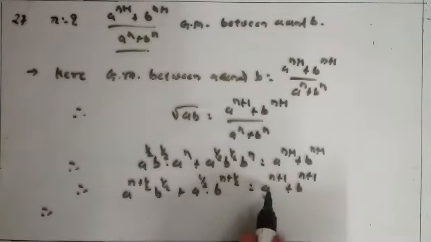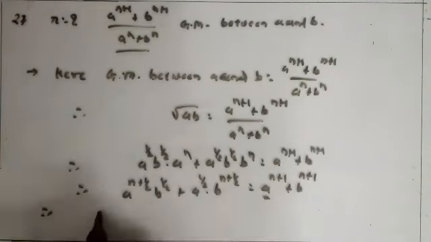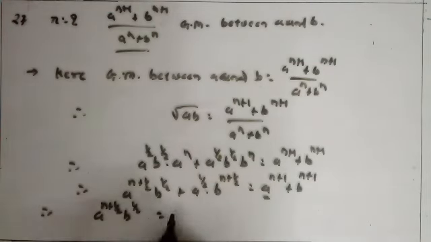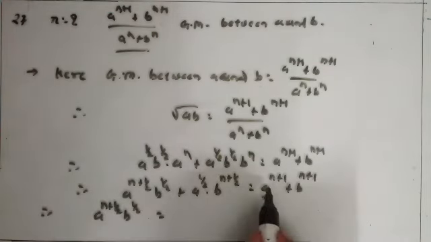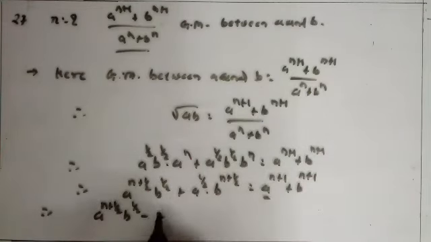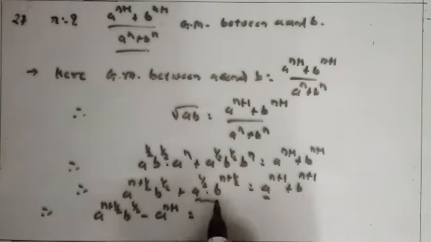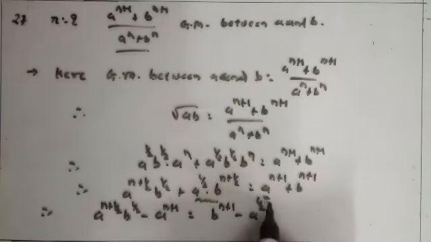Here a^(n+1) take this side, and b^(n+1) also take this side. So a^(n+1) minus a^(1/2) b^((n+1)/2) is equal to b^(n+1) minus a^(1/2) b^((n+1)/2). Clear?